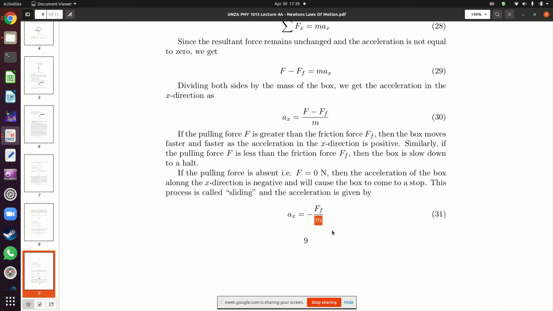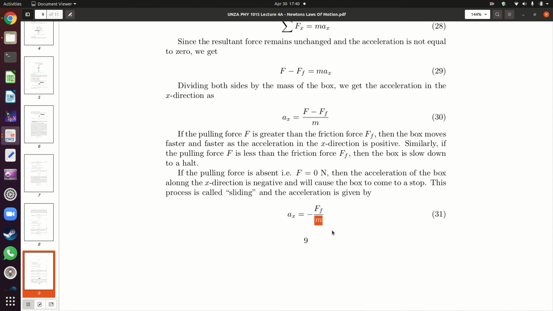It's very important that you find the acceleration. The simplest way to find the acceleration is to identify which forces are acting along a particular direction. Then you add them, you obtain a resultant force. Then you divide the resultant by the mass of that particular object using Newton's second law of motion, and that's what's going to give you the acceleration of the box.